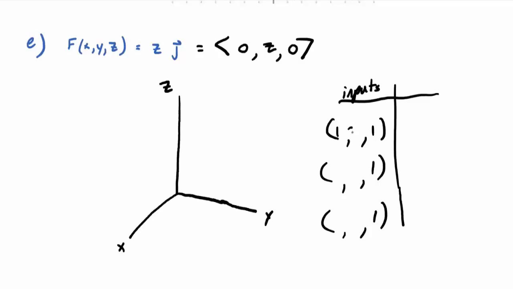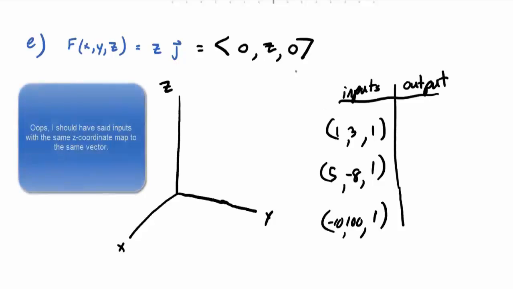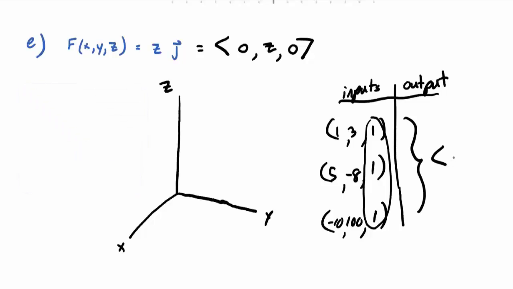It could be 1, 3 here, 5, negative 8, negative 10, 100 here. The point is, if the z coordinates are all the same, then the output will be a vector with the same z coordinate, because the inputs all have the same z coordinates. So the output for all of these will be the vector 0, 1, 0. Okay?